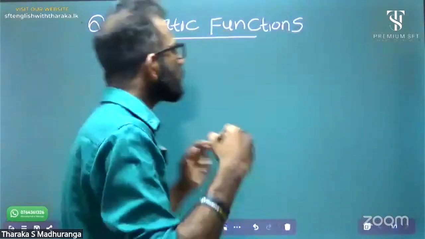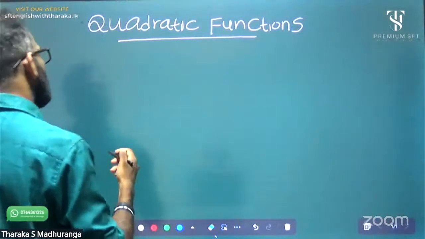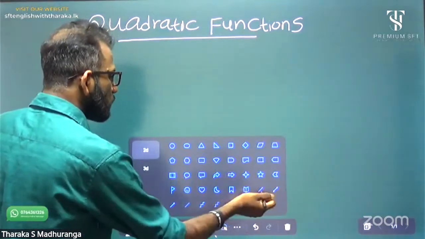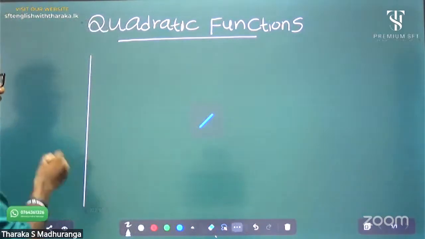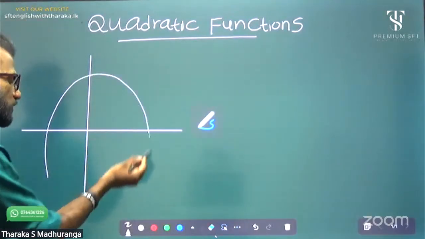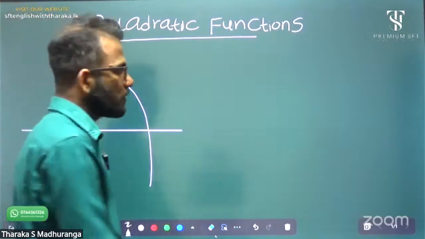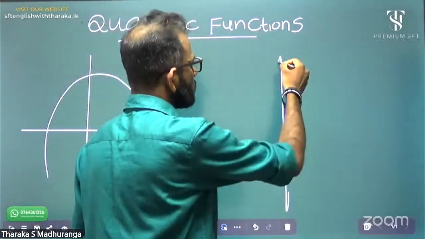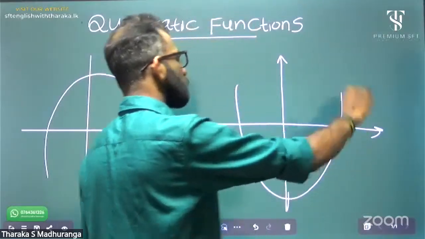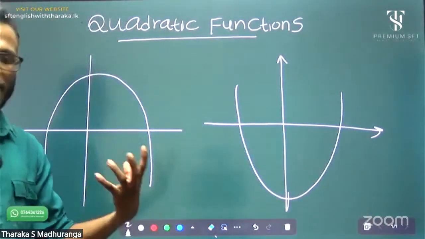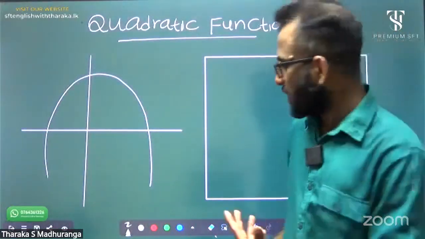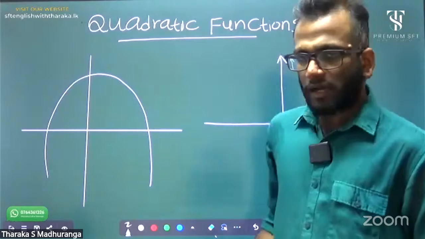But in quadratic functions, we mainly discuss this type of shape, which we call parabolic shapes, like this. Very simply, I hope to revise these quadratic functions again, discuss a few exam questions, and complete the lesson.